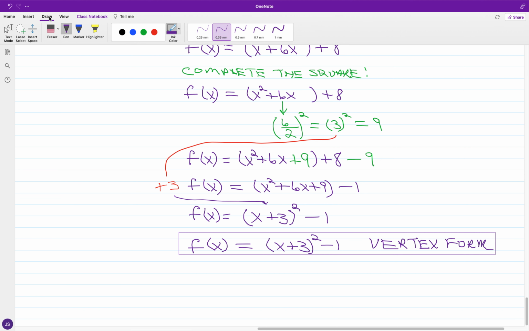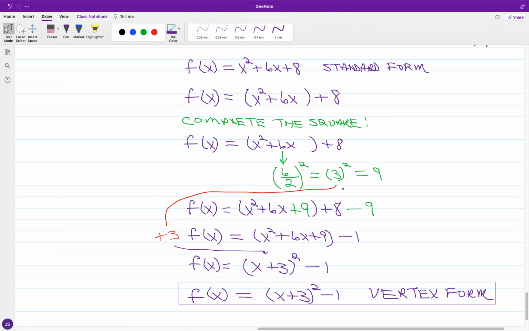Can you explain again why you subtracted the 9? Okay. Why do you have to do that? Think of it like a balancing act. Think of the scales of justice. You've got to keep things in balance. So when I complete the square adding 9, remember if I didn't subtract it, I would have x squared plus 6x plus 17. But I wanted to keep it in line with x squared plus 6x plus 8.